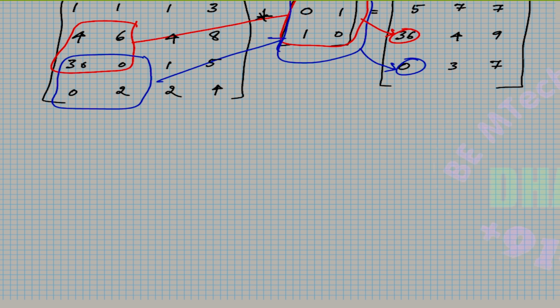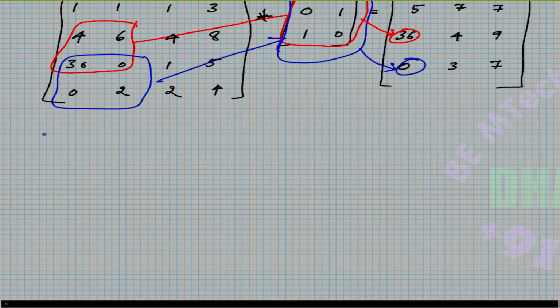Now let's proceed further. So from this particular example, what I understand is this.